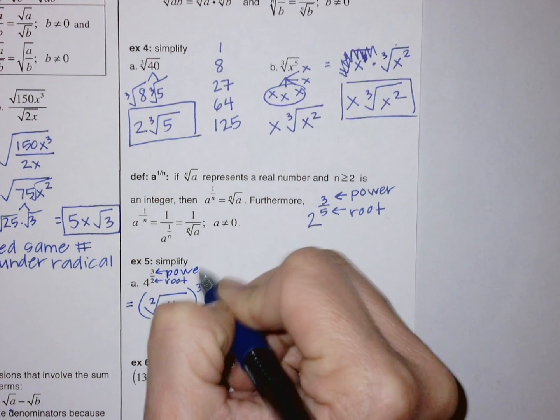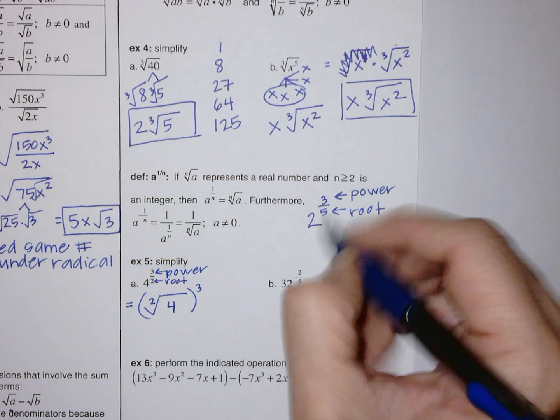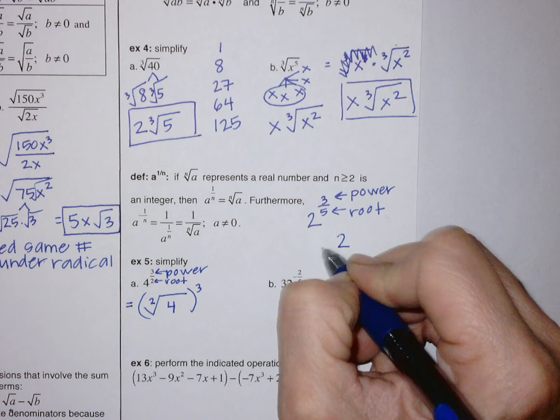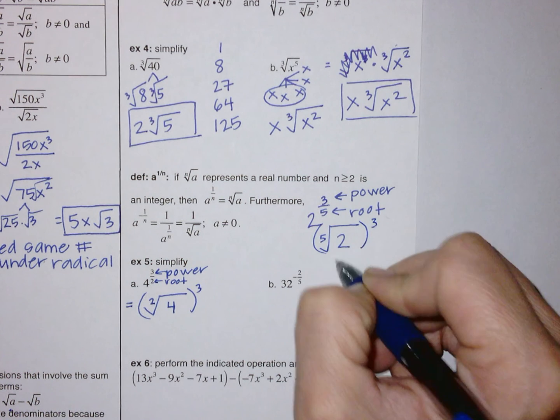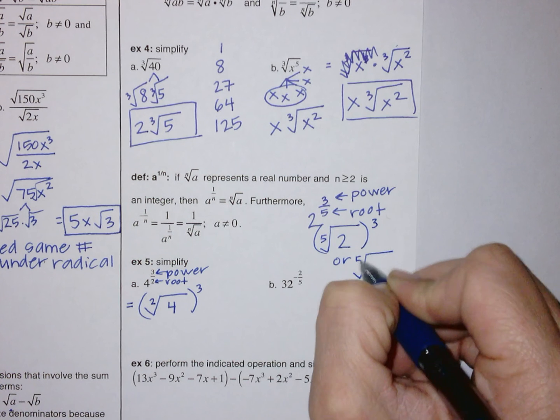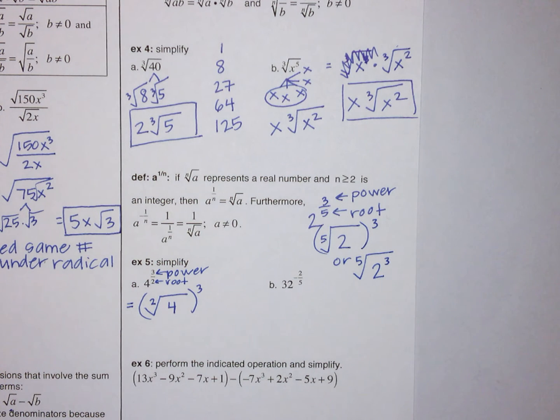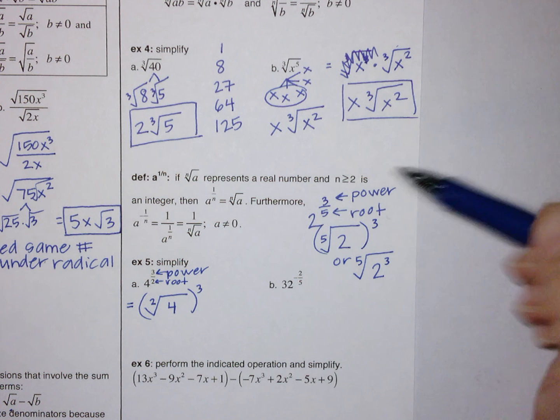And I didn't show you that up here, so let me go ahead and do that real quick. So again, this would be the 5th root of 2 raised to the 3rd power, or depending on context, you could also do it like this, but for what we're using it as today, it's just easier to write it with the power on the outside.